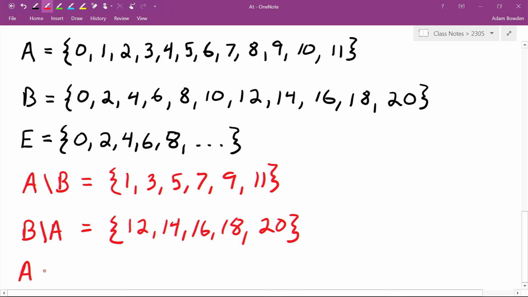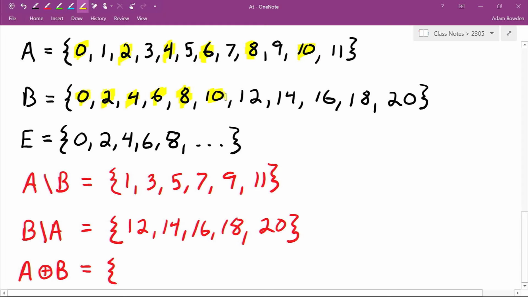Next one says A symmetric difference with B. For this one, we take everything that is in A combined with everything that's in B, but take away everything that they have in common. So let's highlight what they have in common here. They have a 0, 2, basically all these even numbers up to 10 they have in common.